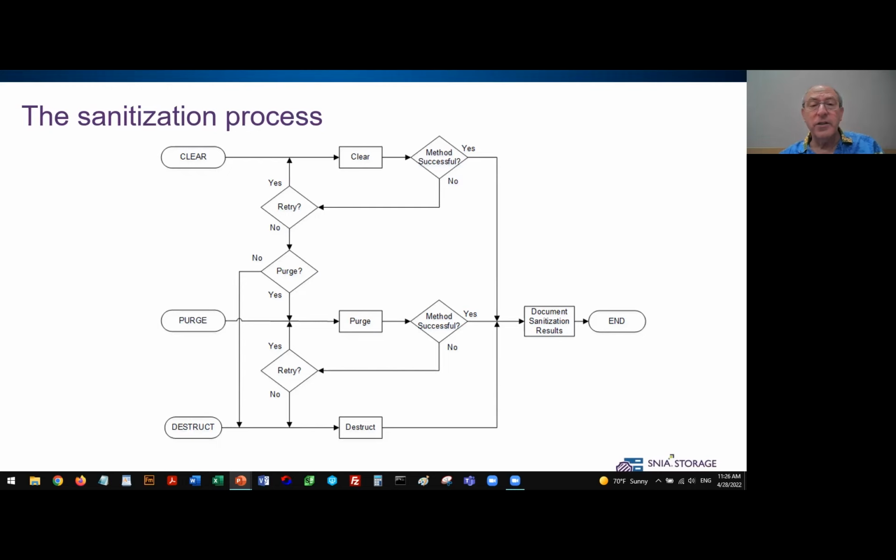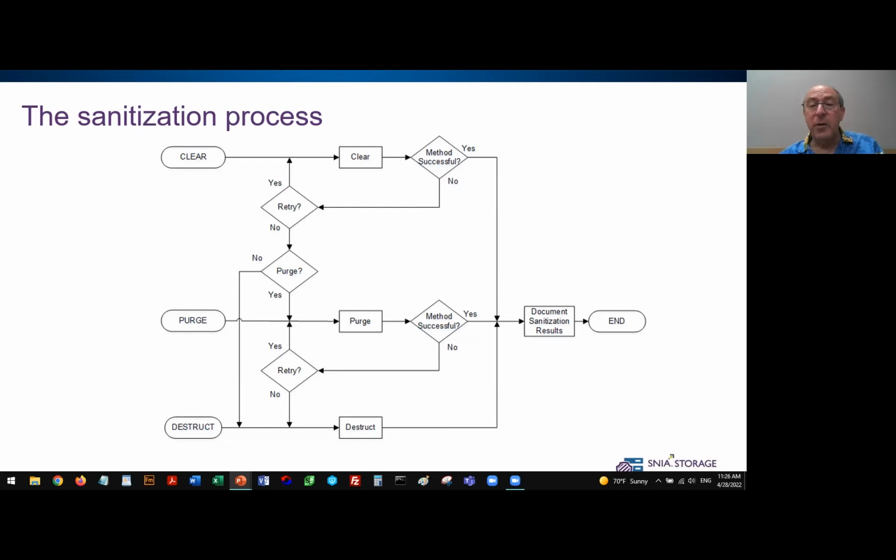So here's our basic process. Say you start with clear. The rectangle that says clear includes the clear method, the clear technique, and the verification. If the clear and the verification were successful, you document it and you're done.